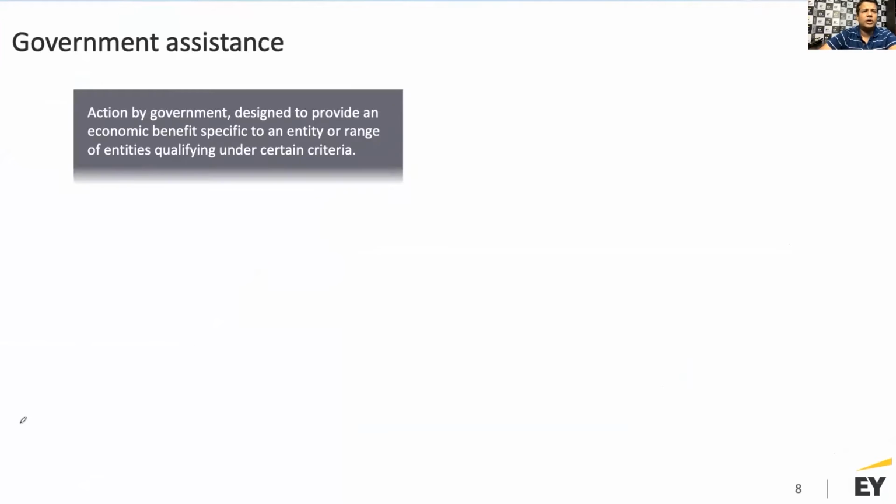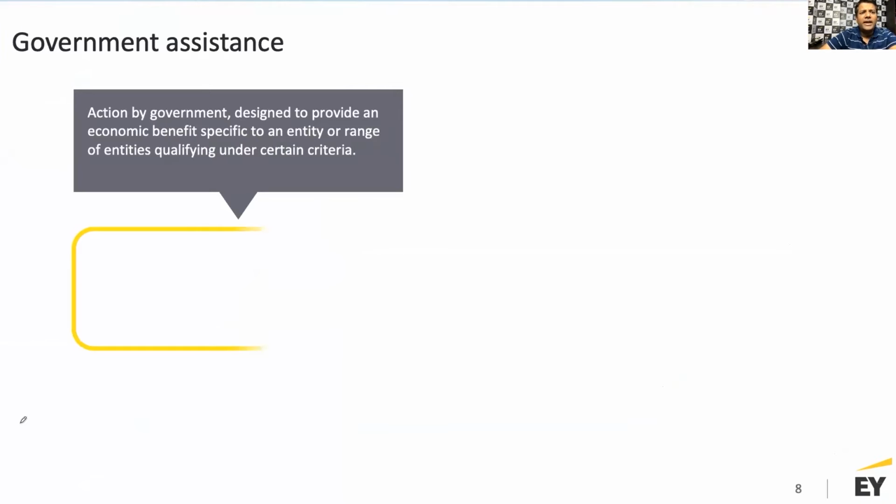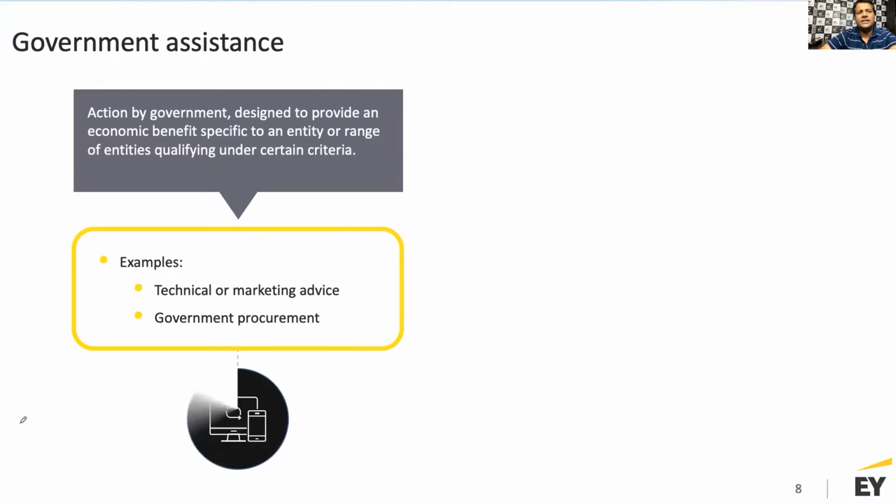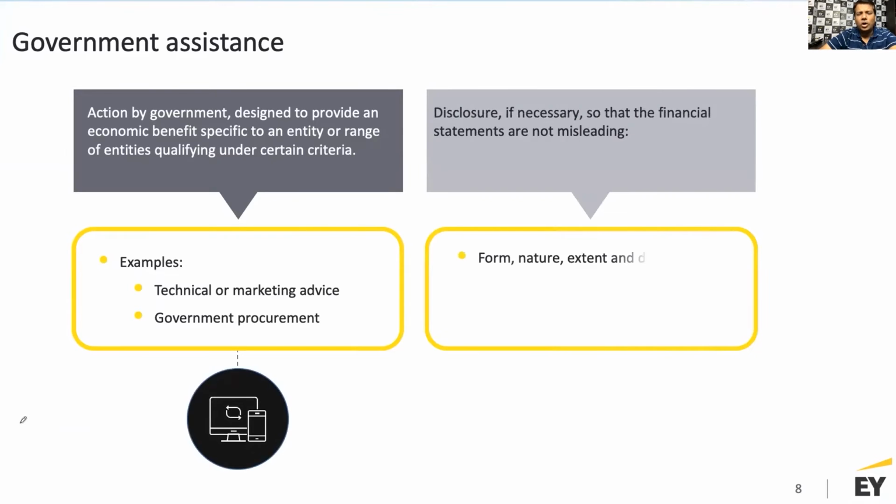Let's quickly talk about government assistance, right? Government assistance is an action by government designed to provide an economic benefit specific to an entity or a range of entities qualifying under certain criteria, like technical or marketing advice or government procurement. So for example, if the government says, I'm going to buy this in bulk, like a lot of these procurement arrangements we see, right?